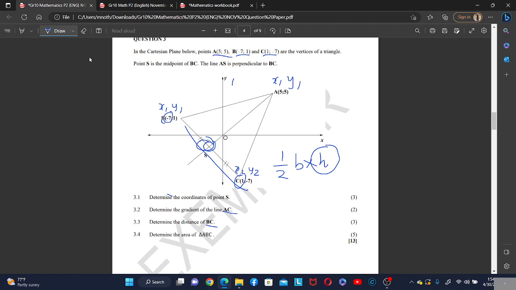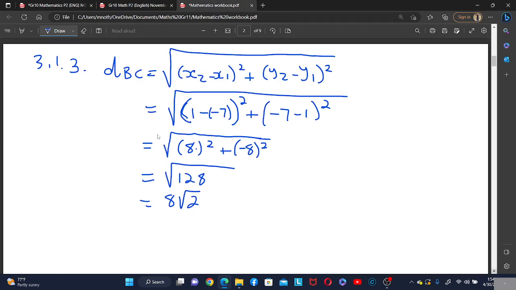So the perpendicular height of this triangle is AS, because we were told that AS is perpendicular to BC. So AS is our perpendicular height, and BC is our base. We already have BC, but we don't have the length of AS. So let's first find the length of AS.